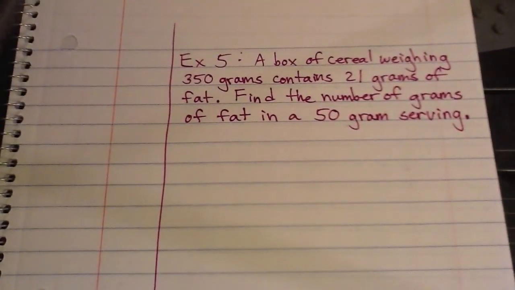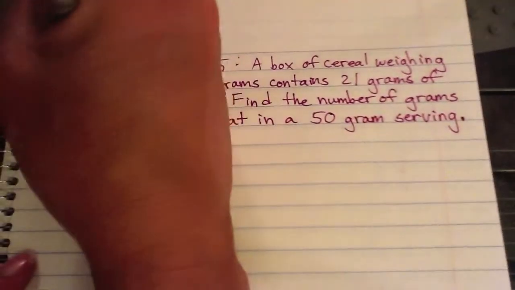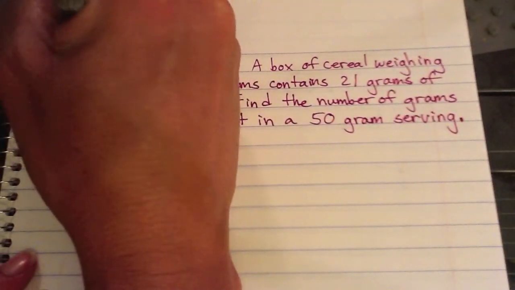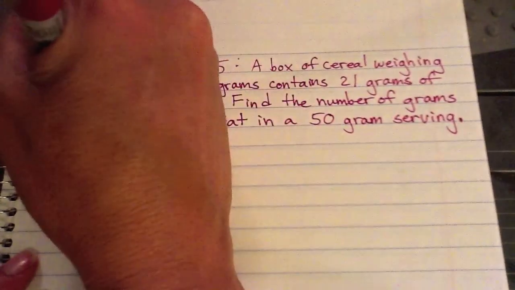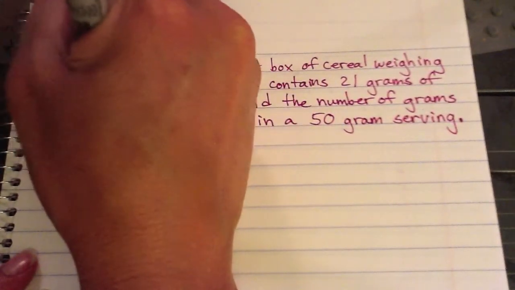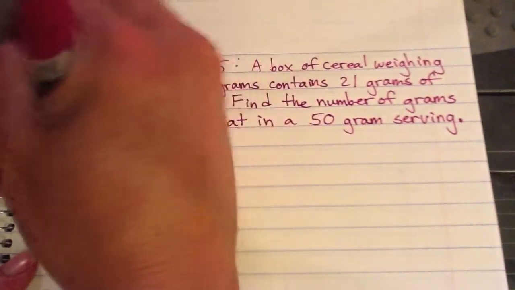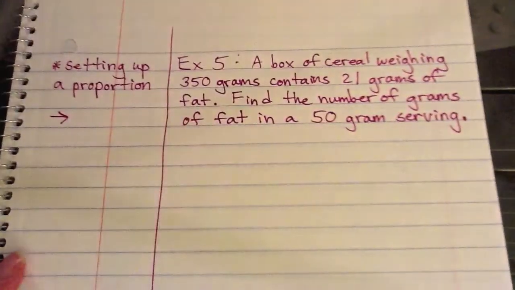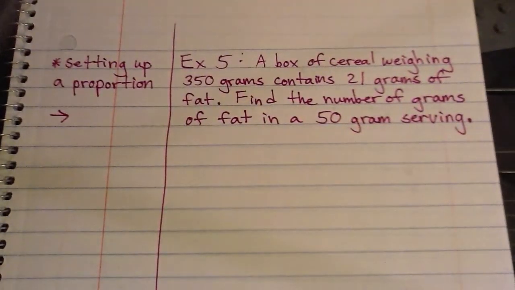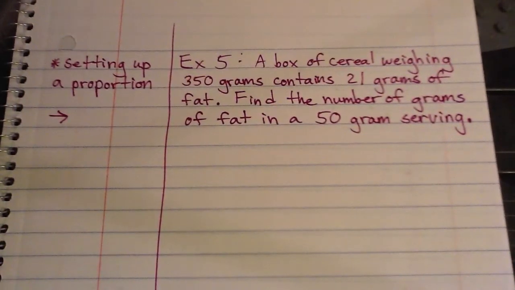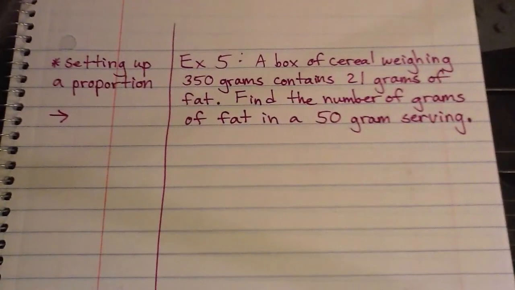So the key to setting up a proportion, and I know some of you might still need to write, so just hit pause. The main thing that you need to know for sure is that they need to be across the line equal.